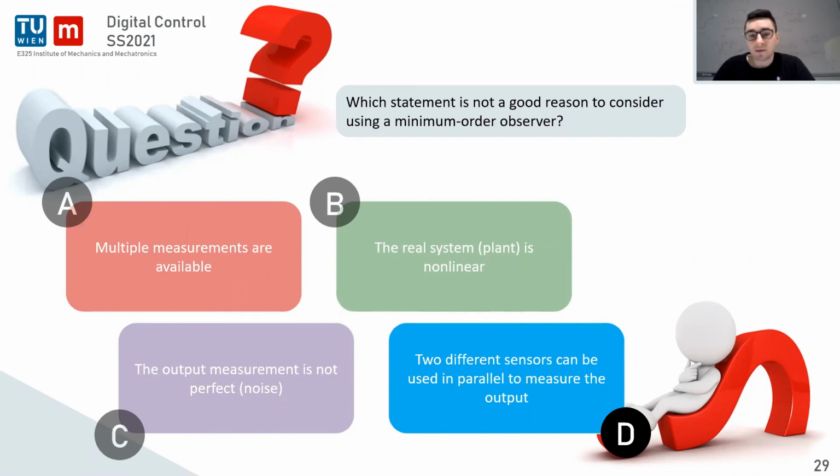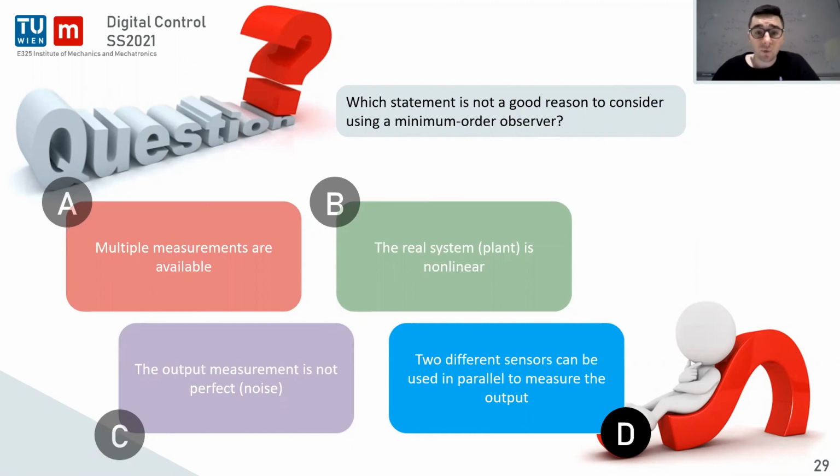You really need to understand that you need two measurements that are different and give different information. If you have two sensors for the same output or the same state measurement, then it's not a minimum order observer. You just have two sensors and you need to use them to obtain the output measurement. For example, sometimes some sensors are really good during transients, and some sensors are really good during steady state.